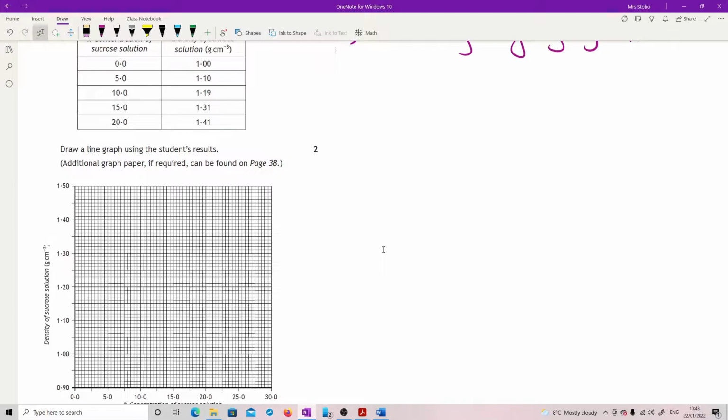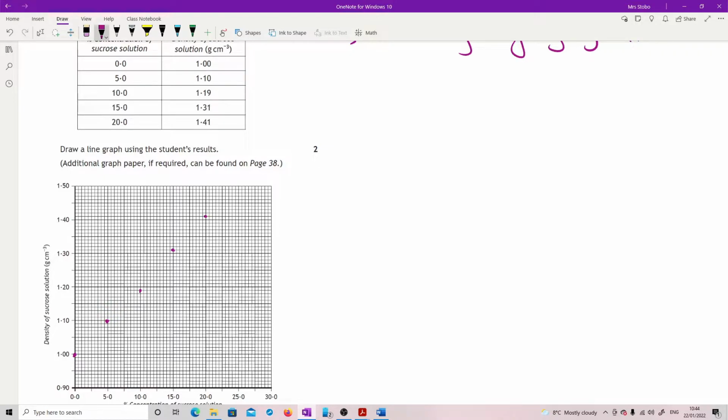I'll try plotting it. I've got 0 and 1 here. 5 is 1.1, 10 is 1.19. This is going up in 0.1, so a pretty nice scale actually. 15 is 1.31, and 20 is 1.41.